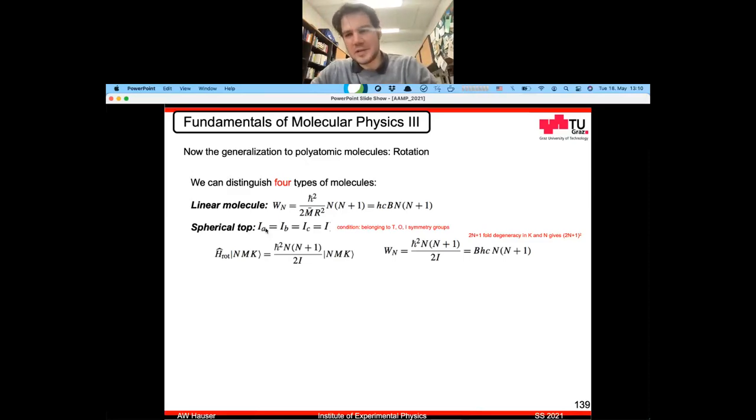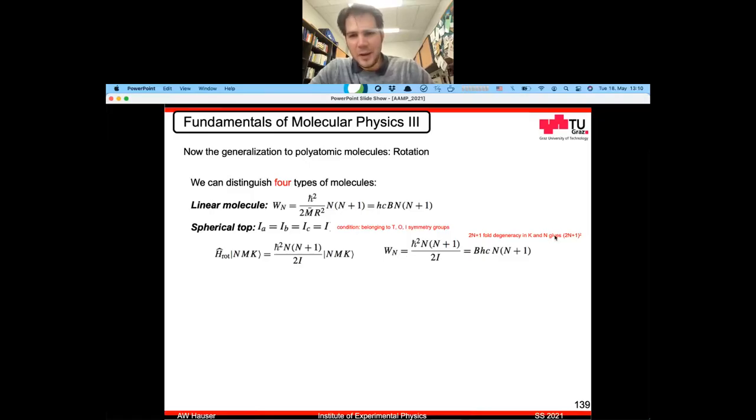Everything that goes through the center of the sphere gives us the same moment of inertia for rotation. So we can expect a very high degeneracy in this case, and the energy looks exactly the same as it does for the linear molecule.